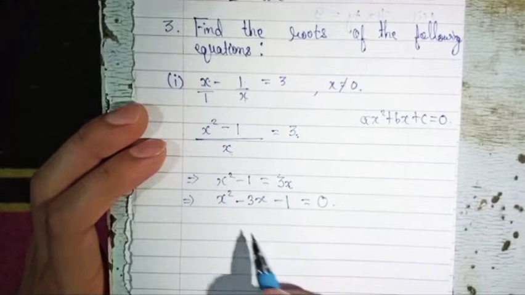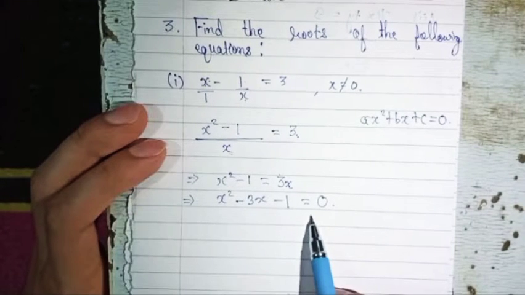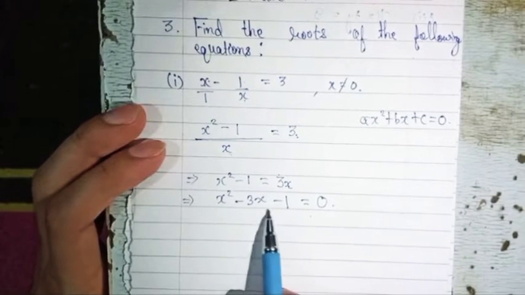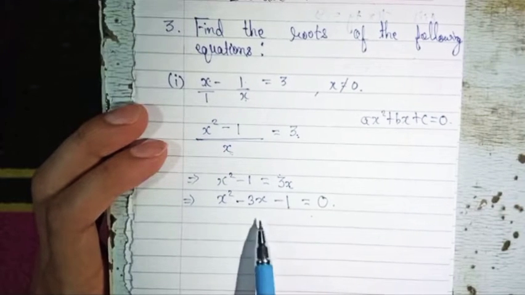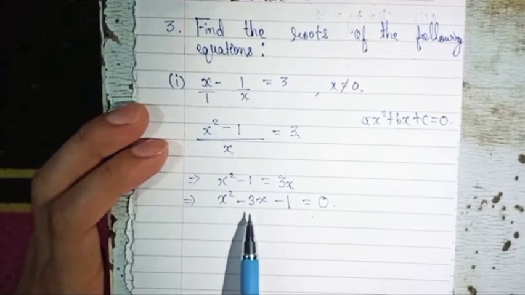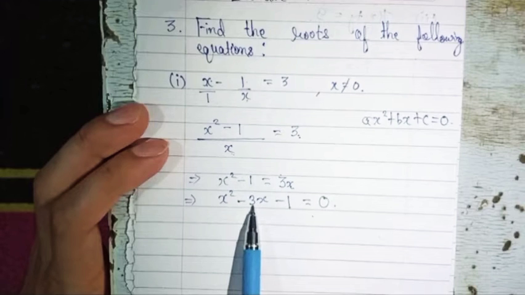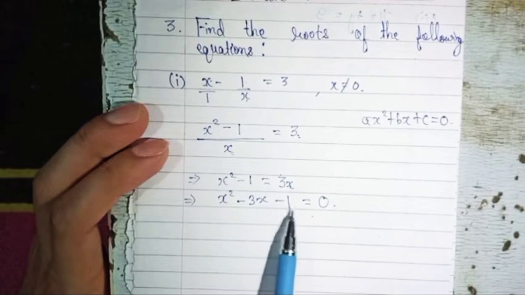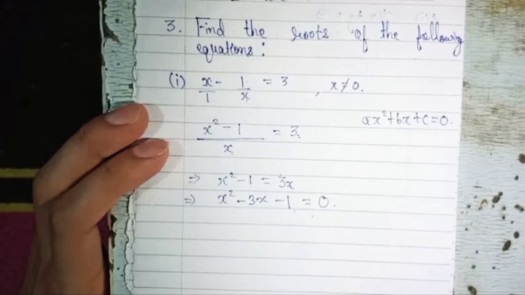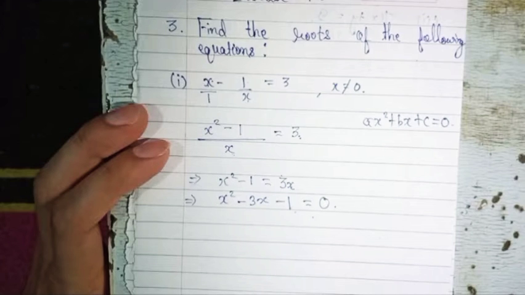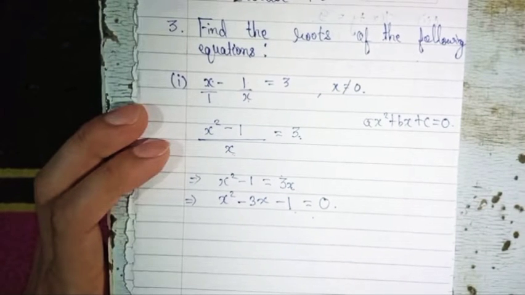Now we can easily calculate the roots of the quadratic equation by splitting the middle term. So we need two numbers whose sum is minus 3 and whose product is minus 1. First of all, look if there are any two numbers that exist. When we multiply them, we will get minus 1.